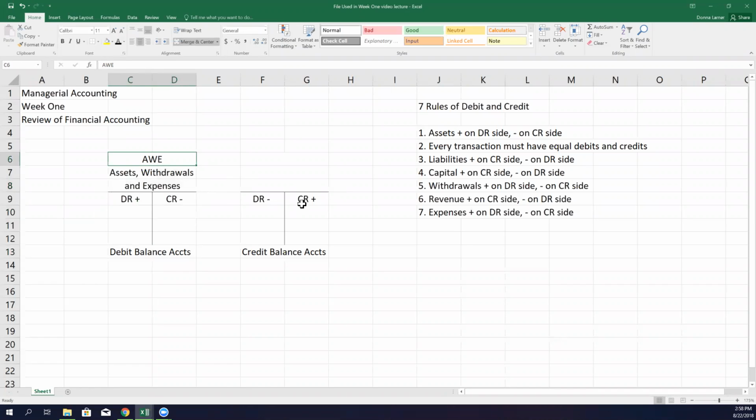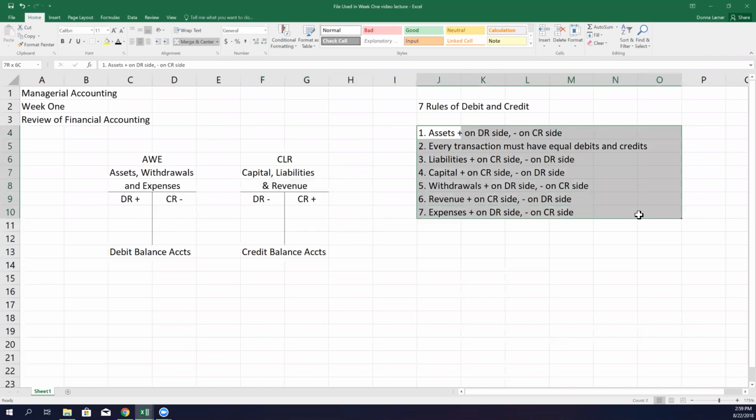The other kinds of accounts, the ones that increase on the credit side and decrease on the debit side, are the capital, liabilities, and the revenue accounts. Again, taking the first letter of each one, they're clear, CLR. We call those credit balance accounts. A more detailed list of those rules is here.